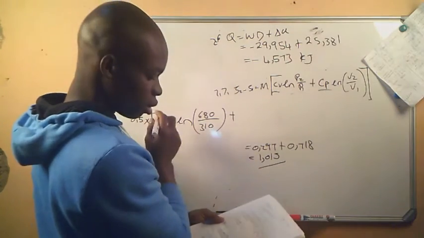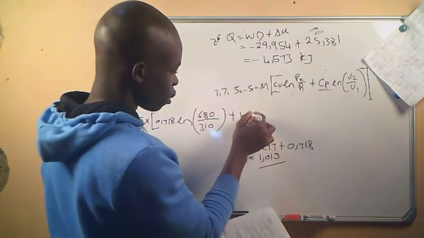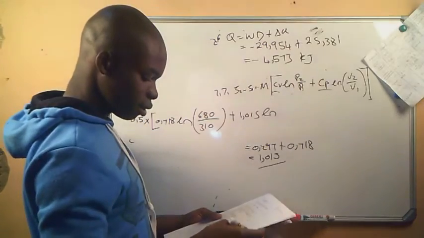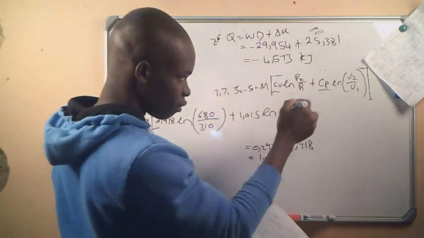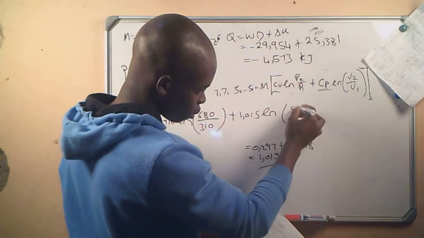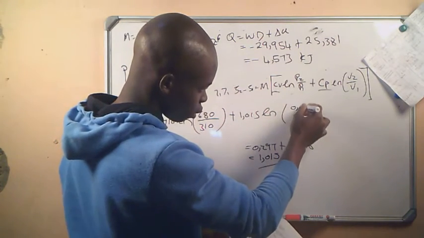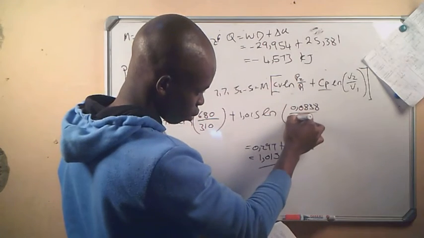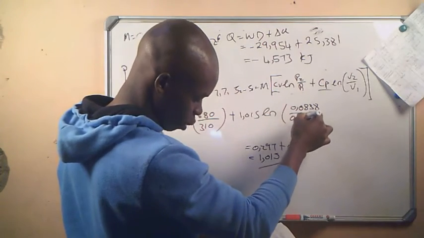Our Cp is 1.015 ln, and then our V's. V2 is 0.0838, and V1 is 0.15.